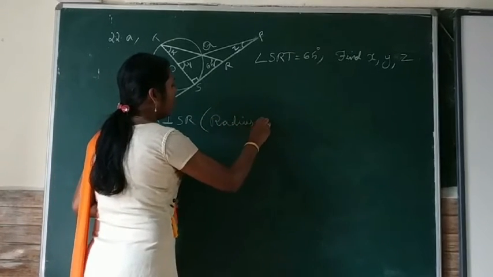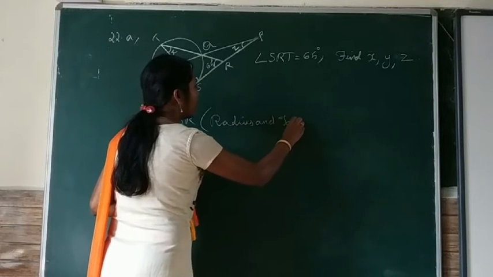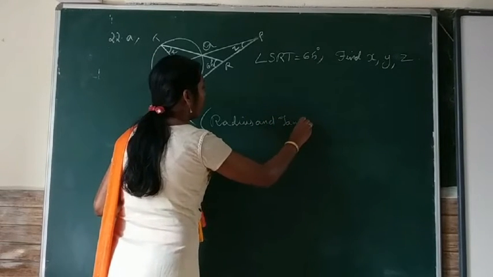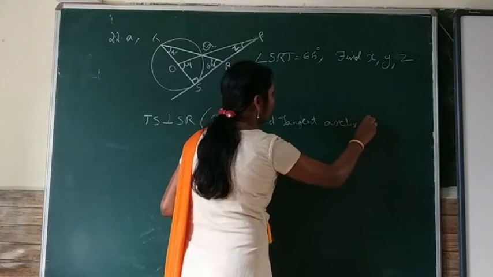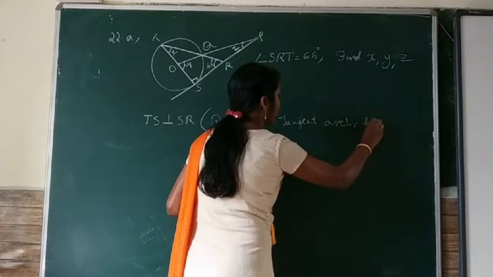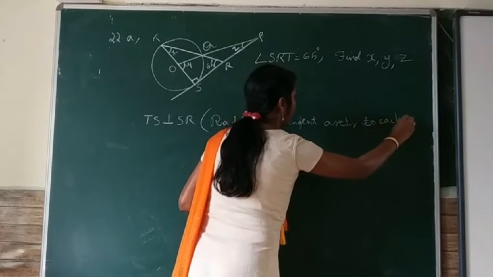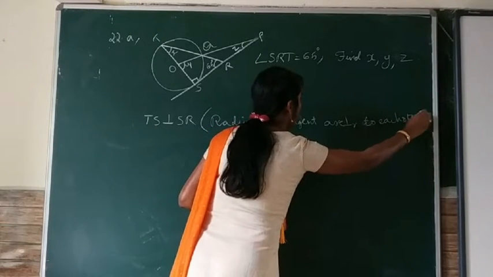Radius and tangent are perpendicular to each other.